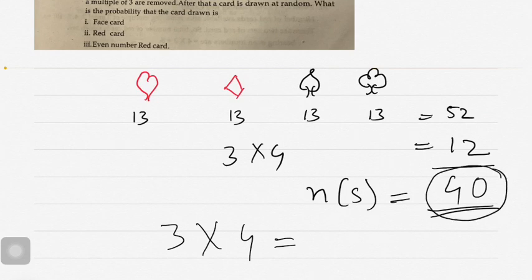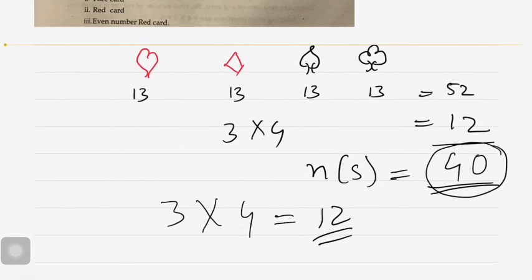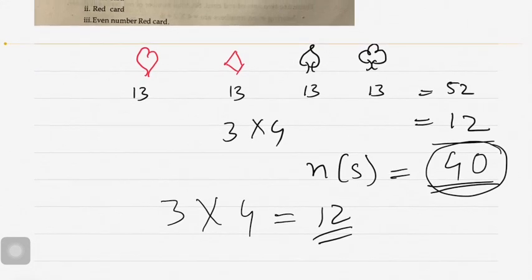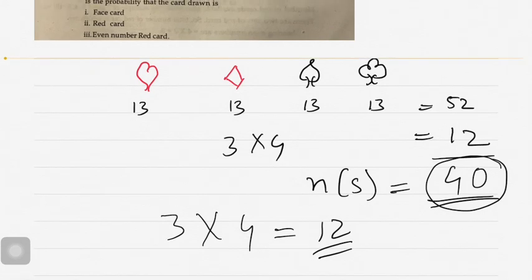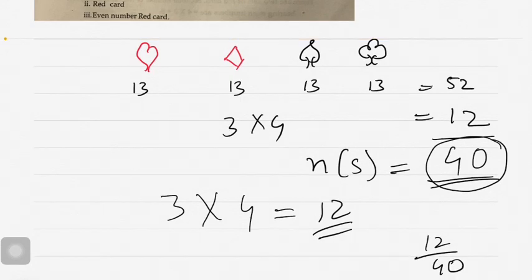So in these 40 cards, there are Jack, King and Queen. So 3 face cards of every sign. There are 4 signs. So 3 into 4, so they are 12 cards. That means the answer for the first part of the question would be 12 by 40. So probability is going to be 12 by 40.